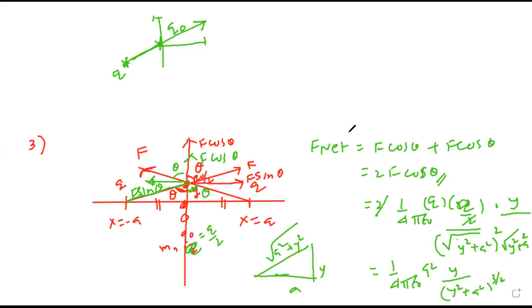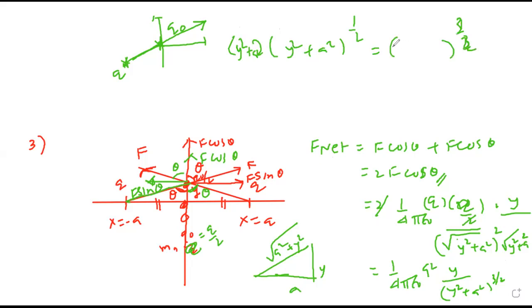Is the power 3 by 2 clear again? Root and square will get cancelled, so power 1. Y square plus a square under root means power half. So it is y square plus a square into y square plus a square raised to half, so together it will be raised to 3 by 2.